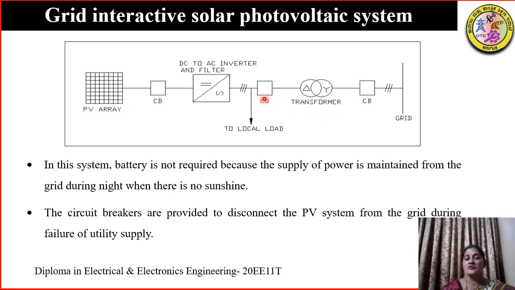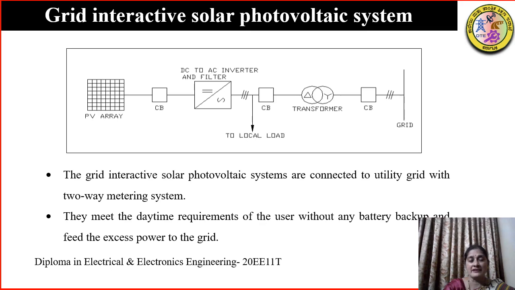So in order to feed the excess power to the grid, we need to change the voltage level at the output of the inverter to the input of the grid. And only then can we feed power to the grid. We have circuit breakers provided here as well as here, just as a safety device.